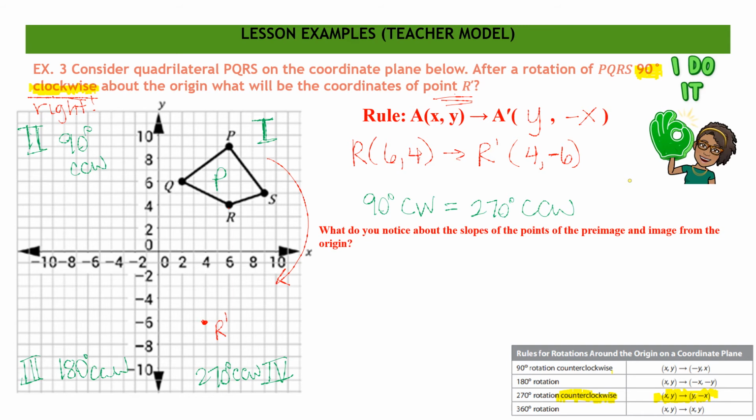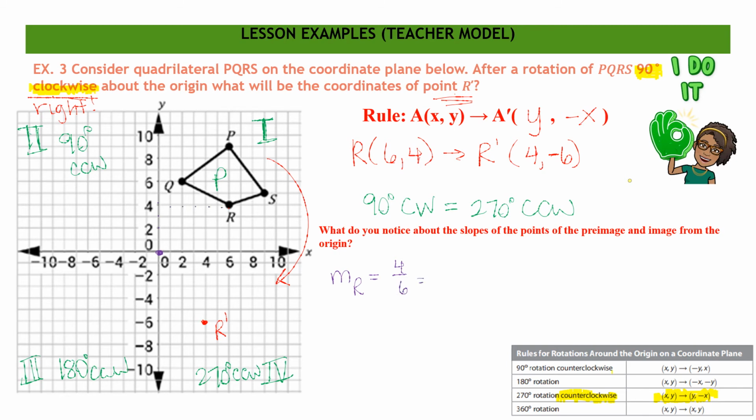Now let's also look at the slope to see what we notice about the pre-image and image and the slope from the origin. So here's the origin, and let's look at R. So remember the slope of R, remember that's rise over run. So we're rising 1, 2, 3, 4. So we're rising 4. And then we're moving over 1, 2, 3, 4, 5, 6.